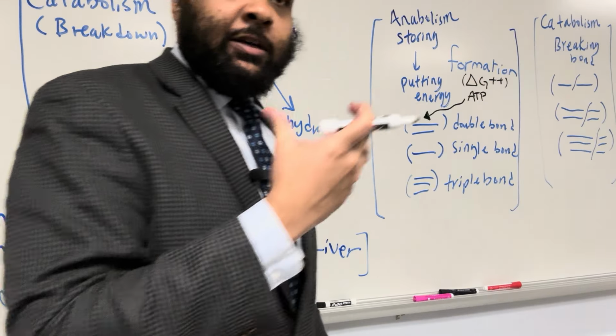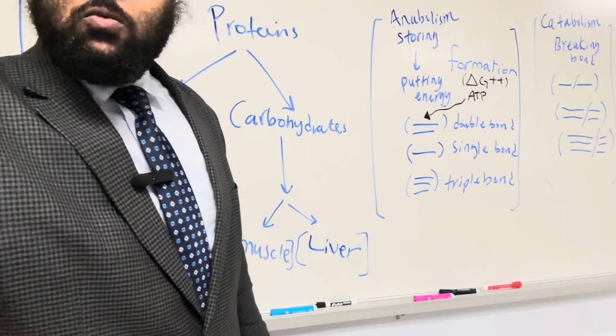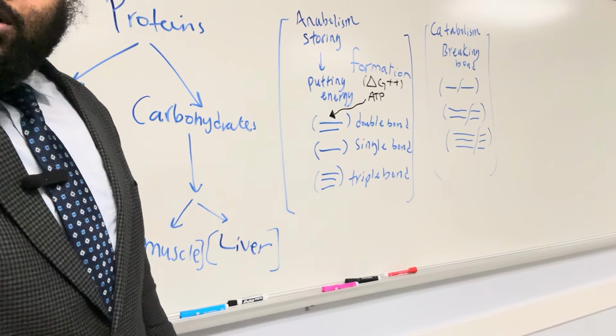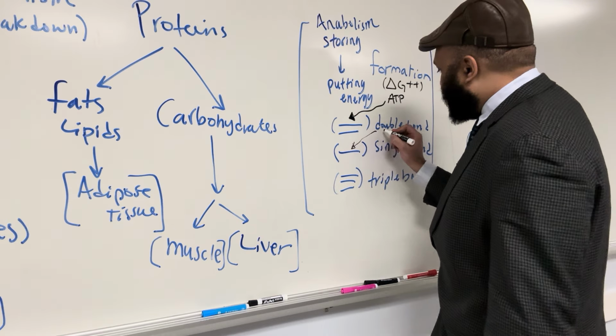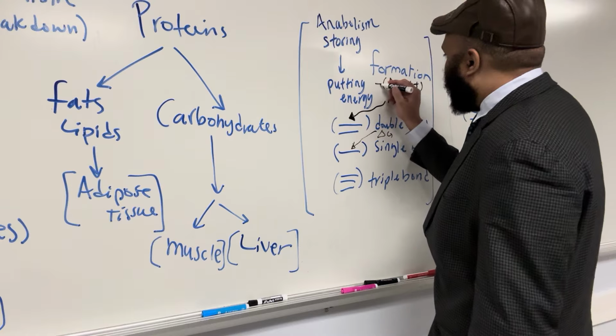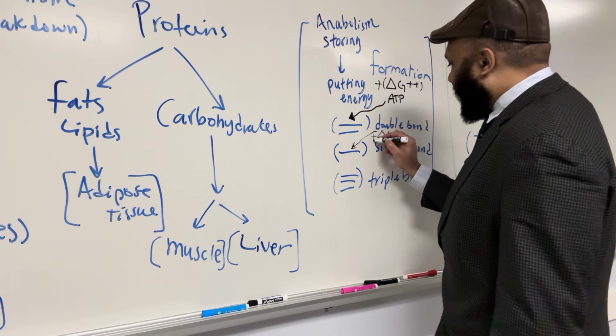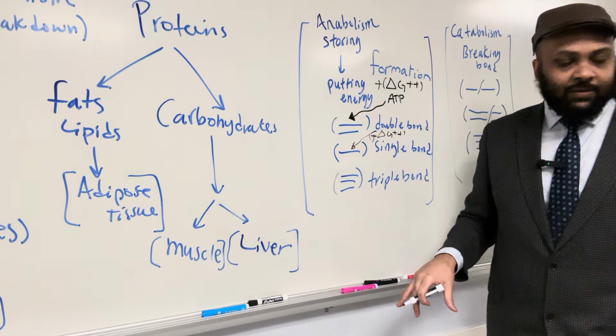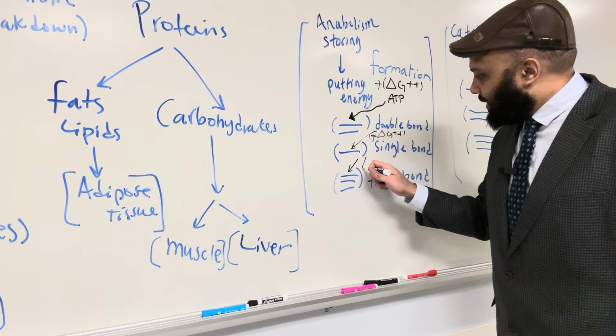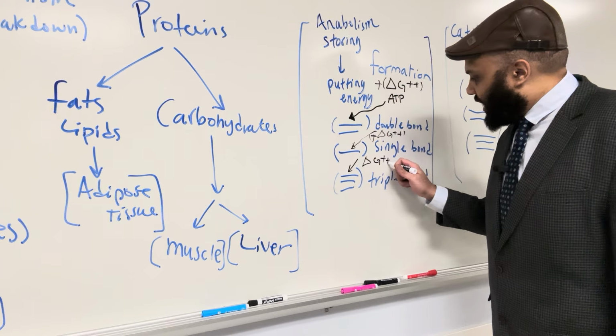We love energy, ATP, delta G. When you make a bond, you're storing the energy in the bond. When you make a double bond, a single bond, the energy delta G is always positive. Delta G is positive because the energy is put in the bond. When you make a triple bond, delta G is always positive.